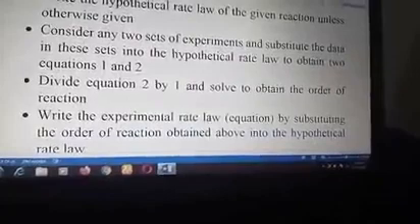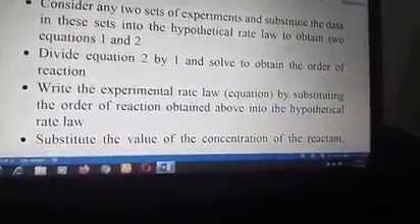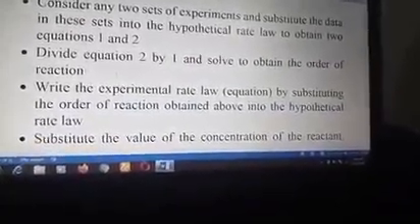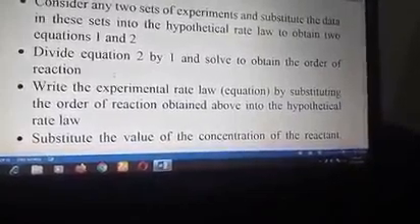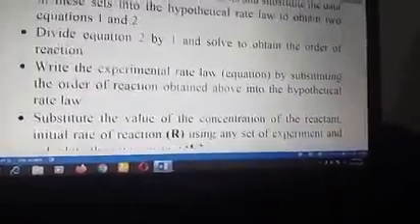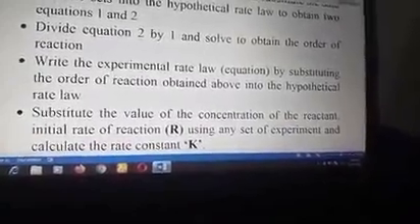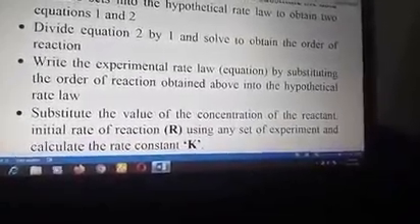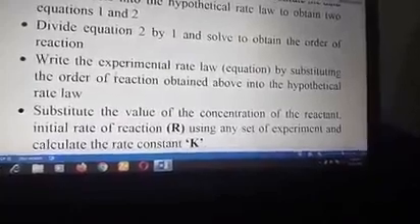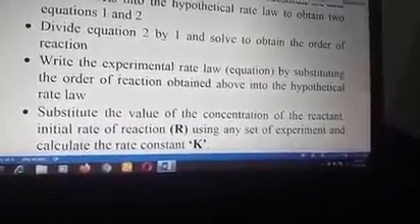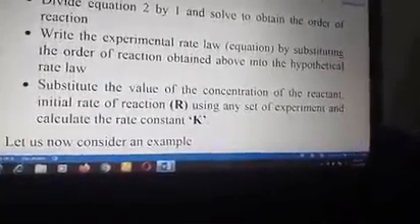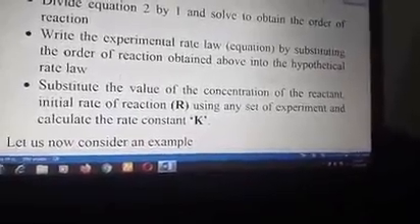Then step 4, write the experimental rate law or equation by substituting the order of reaction obtained above into the hypothetical rate law. Step 5, substitute the value of the concentration of the reactants and the initial rate of reaction using any given set of experiment, and calculate the rate constant K.